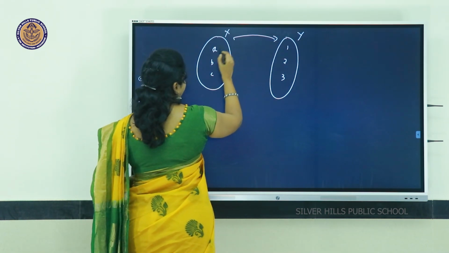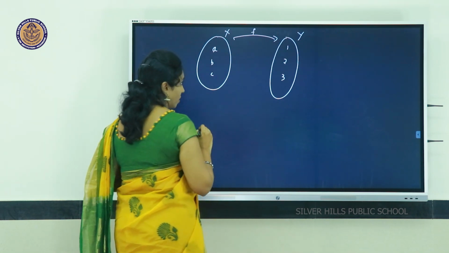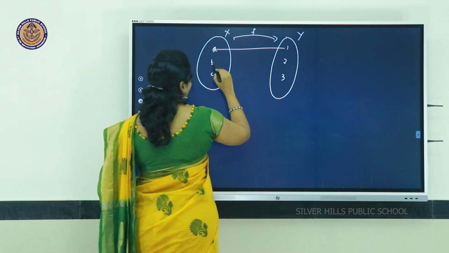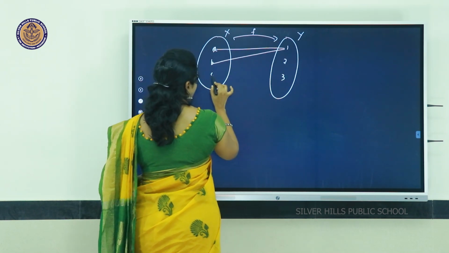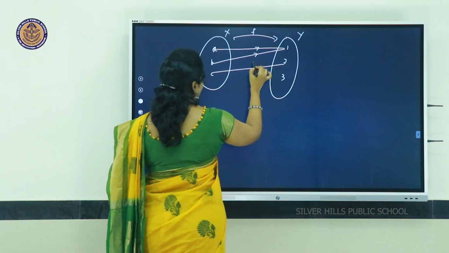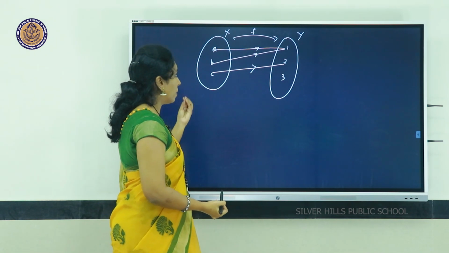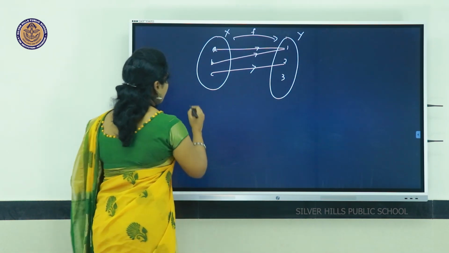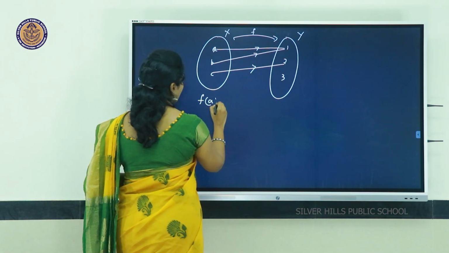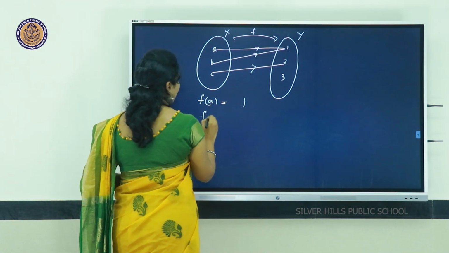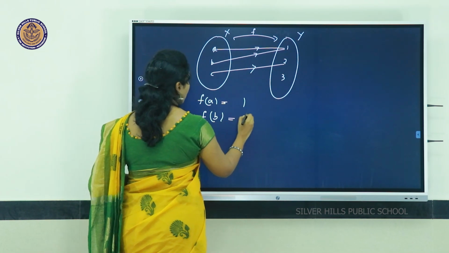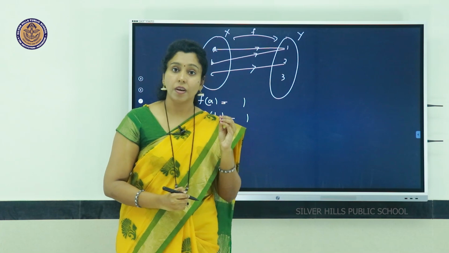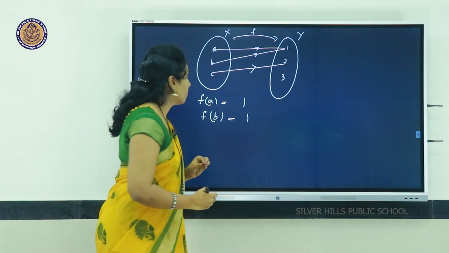If I name this function as f, suppose A goes to 1 and B goes to 1. Let this be the relation connecting the members of the first set and the second set. Here I am getting f of A is 1, f of B is also 1. That is, function values are same, A and B go to the same member.